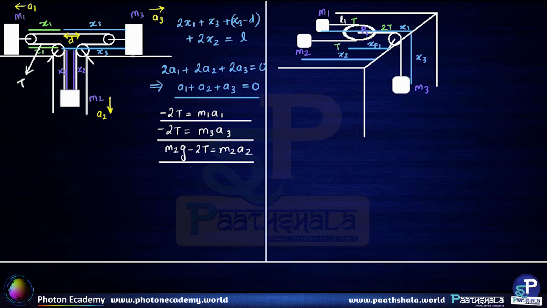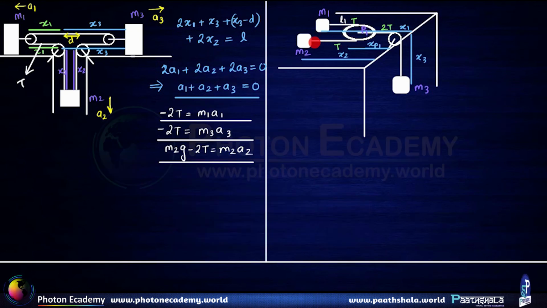Now in order to write down the constraint motion equations, we understand that this much part of the length of the string happens to be x1 minus xp1, and this much part of the length of the string L1 happens to be x2 minus xp1. So we can write down x1 minus xp1 plus x2 minus xp1.